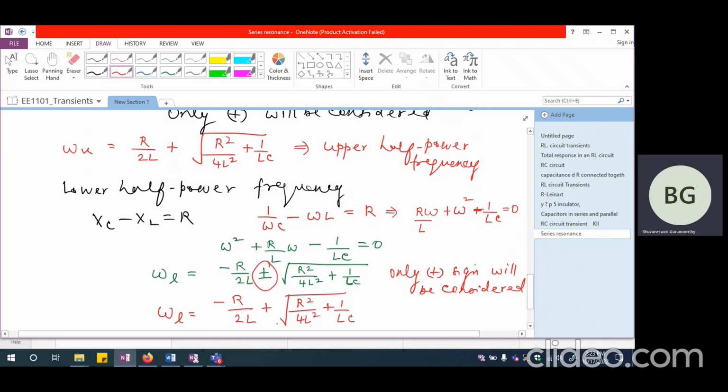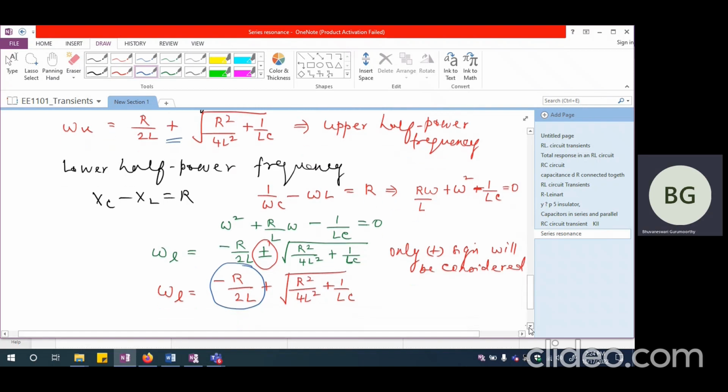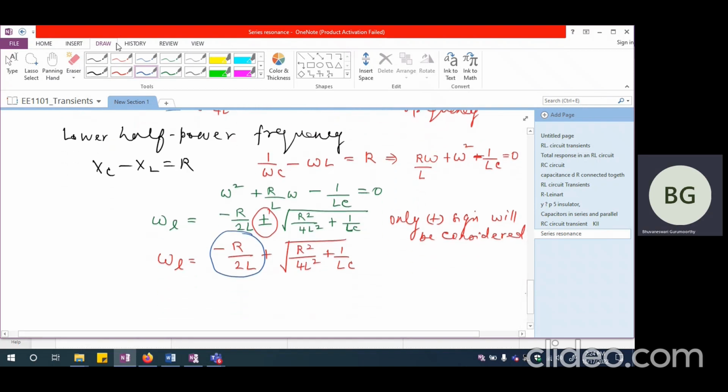If this has to have a positive value, necessarily R by 2L has to be smaller than the term under the square root. That's all the more reason why we use only the plus sign here also. So in both cases, we use only the plus sign so that the frequency turns out to be positive. It cannot be negative.